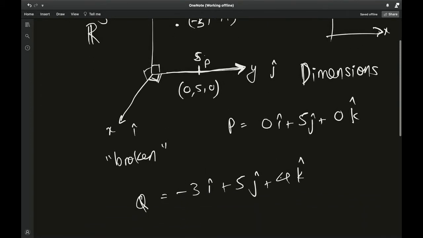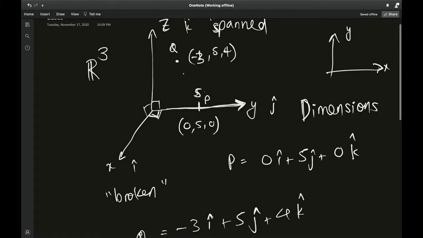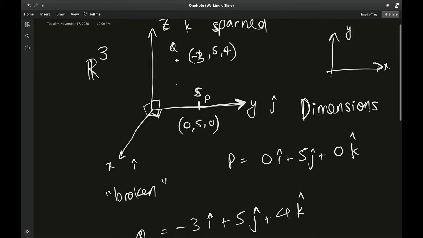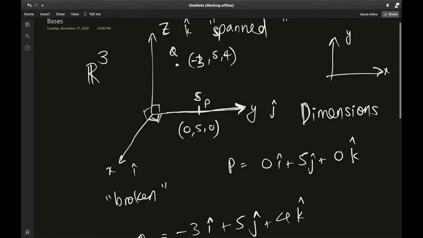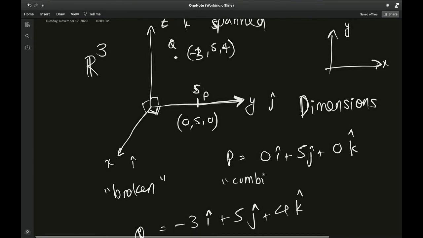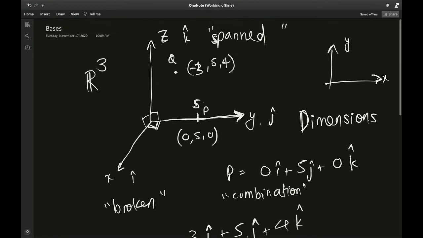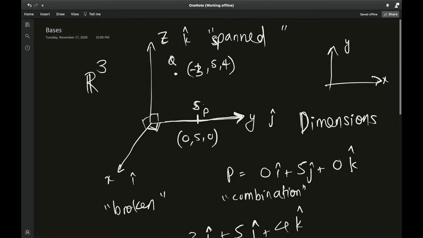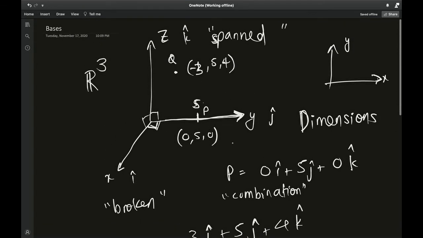So this Q can be broken down into three simple parts: what combination of the i cap direction, or the x direction, makes up Q, and again I'm stressing combination, what combination of the j cap direction, or the y direction, makes up Q, and what combination of the z direction, the k cap direction, makes up Q.